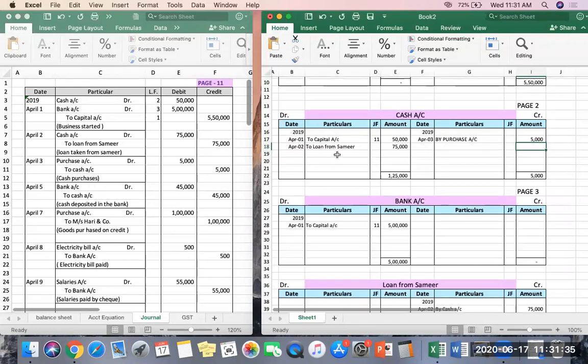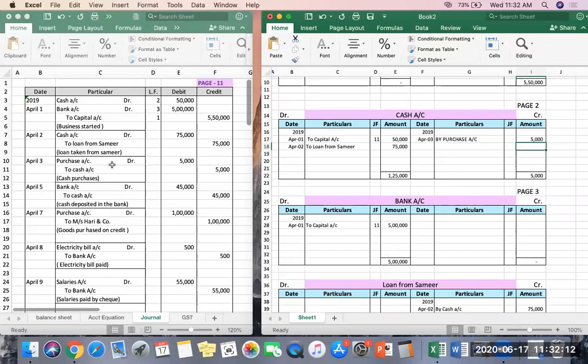Similarly, when you have taken the loan, you are also getting the money. On the credit side, credit what goes out. All the payments are always written on the credit side. For cash and bank, the debit side is always the receipt side. Whenever you are receiving money in cash or in the bank balance, it will be written on the debit side. So cash and bank entries are very easy. Credit side shows your payment side. Whenever money is going out, it will be written on the credit side.